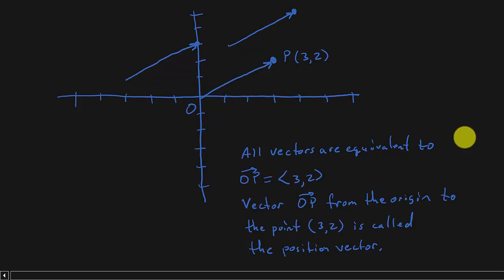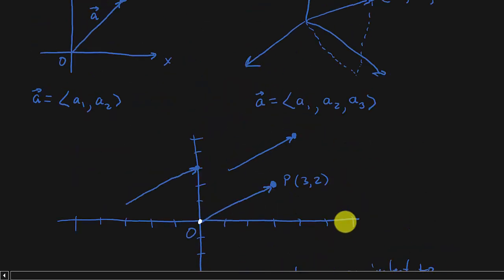All right, so let's look at this. We have vector OP right here. Vector OP is ⟨3, 2⟩. The initial point is at the origin and the terminal point is at (3, 2). So we can write vector OP, and notice the initial point and then the terminal point with the arrow over it. We can write this as ⟨3, 2⟩, just like up here.